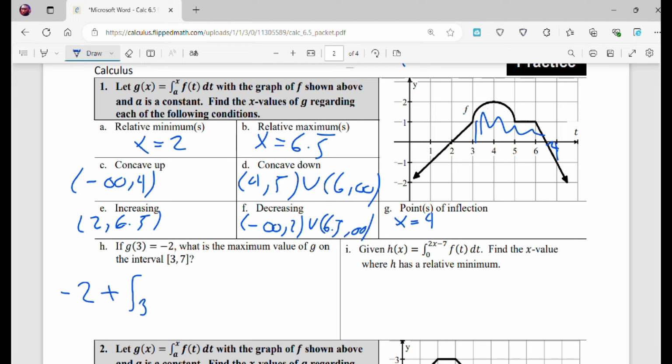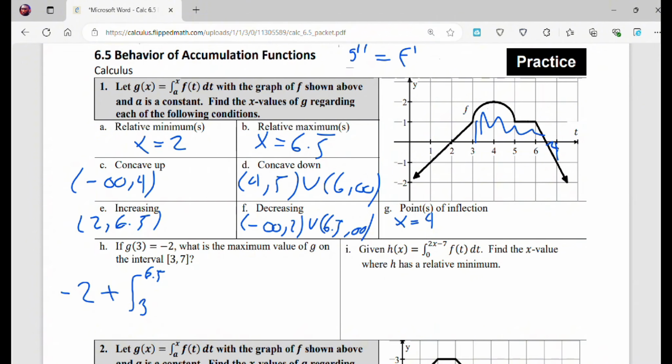And careful, from 3 to 6.5, not 7, because if we do 7, that would include some negative area, which would then mean that we don't have our max. So from 3 to 6.5, and then we have f of t, because we're looking at the graph.